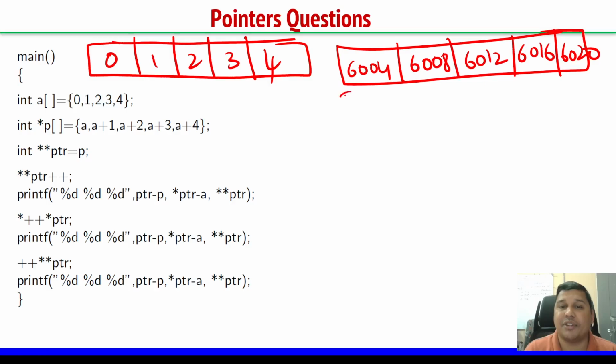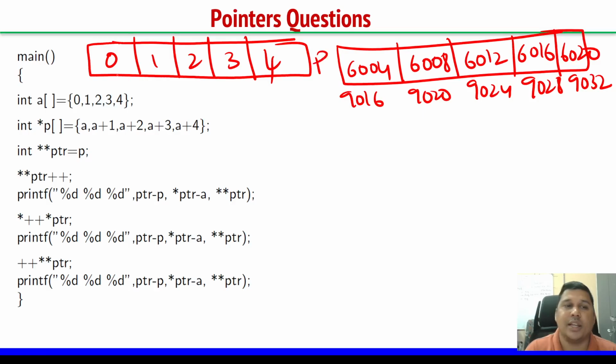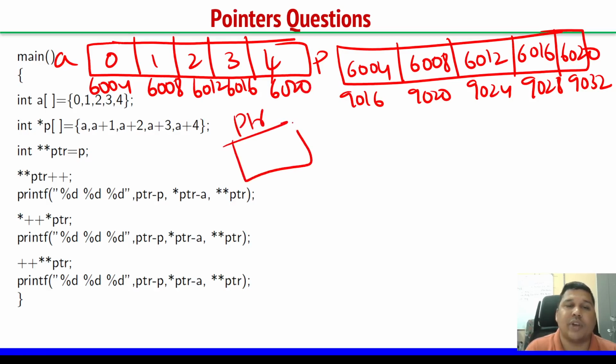So here we have 9016, 9020, 9024, 9028, 9032. This is P, this is A, 6004, and we have PTR with value 9016 and its address is 14096.